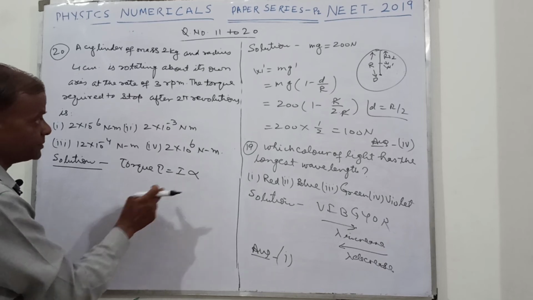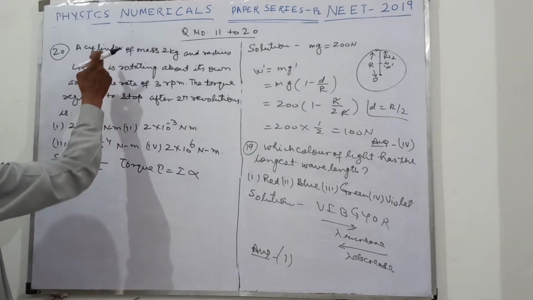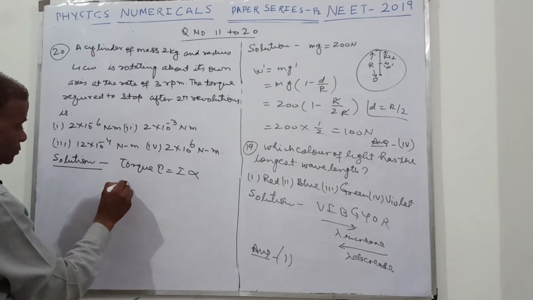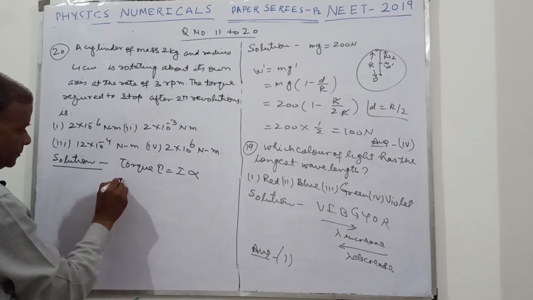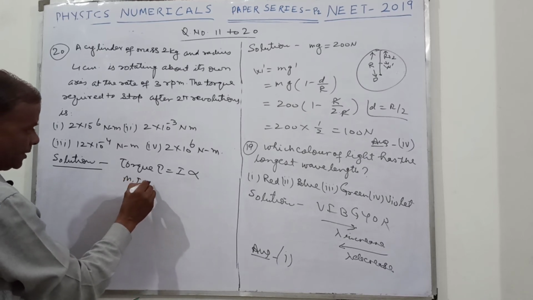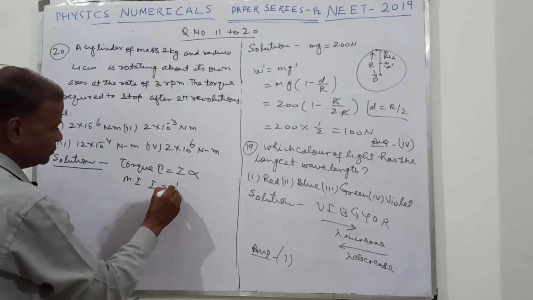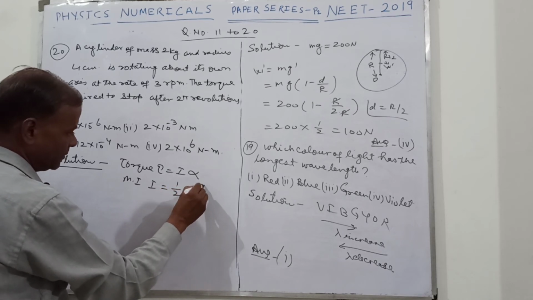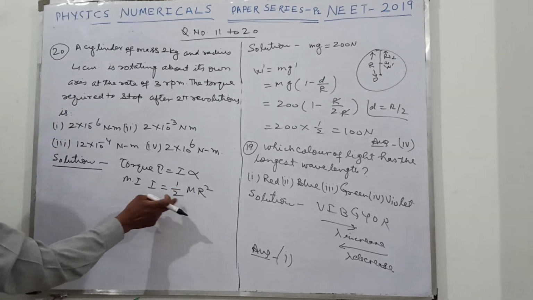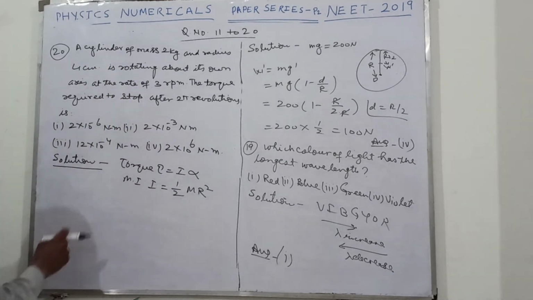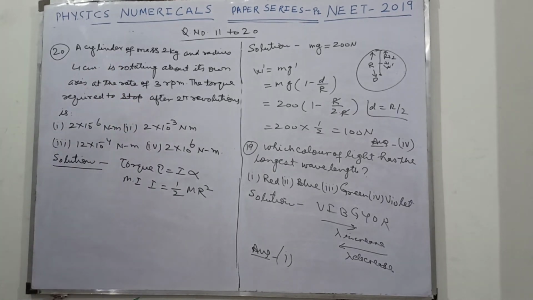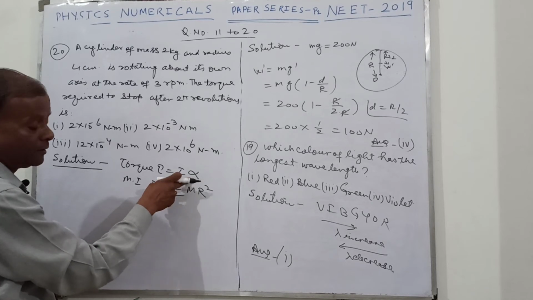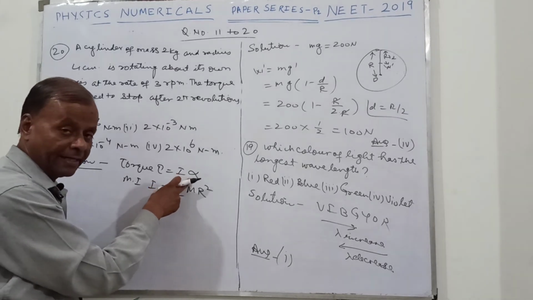I is the moment of inertia. This is given the cylinder, so I is equal to 1 by 2 mr square. And then we have to find the value of alpha, the angular acceleration.